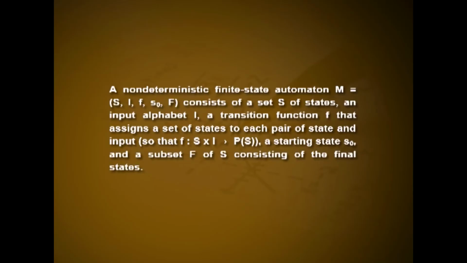So, next definition. A non-deterministic finite state automaton M is (S, I, f, S0, F) consists of a set S of states, an input alphabet I, a transition function f that assigns a set of states to each pair of state and input, so that f is a function from S cross I to the power set of S, a starting state S0 and a subset capital F of S consisting of the final states.